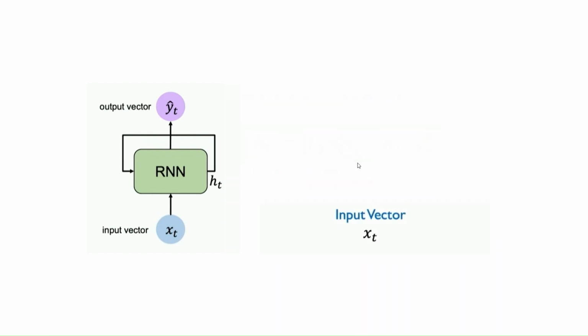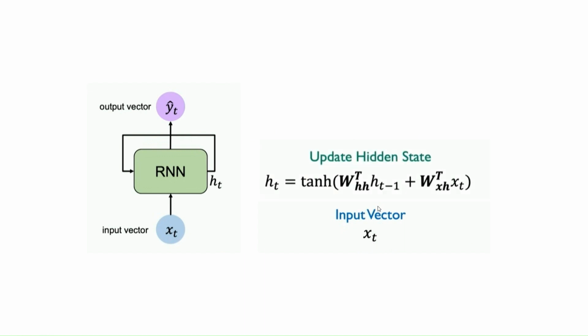Given an input vector xt, this recurrent neural network applies a function to update the hidden state ht, which is a non-linear function applied to the summed hidden state information and the current input at time step t.